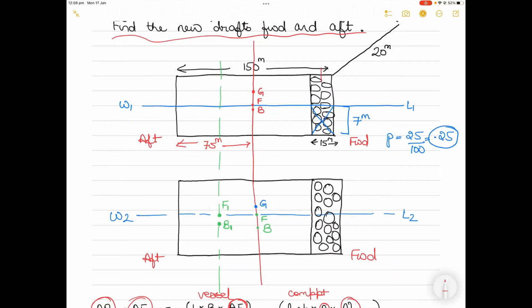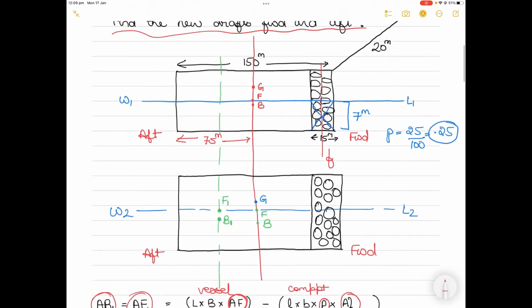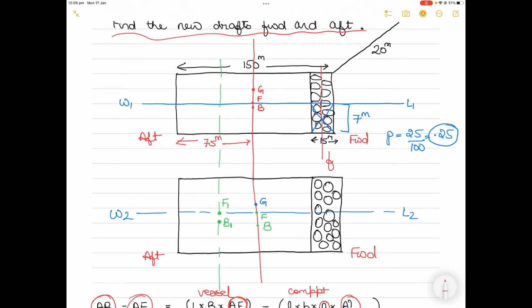Now what is af? It is the center of this compartment here. We'll call it a small f, so that there are not too many f's. The center of flotation is capital F, but the center of the compartment is the small f. So when I say af, I mean this distance from the aft perpendicular to here.